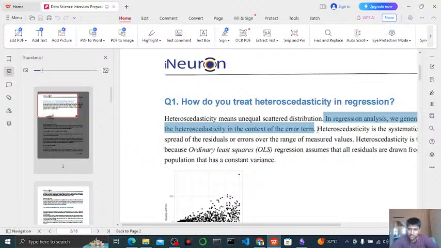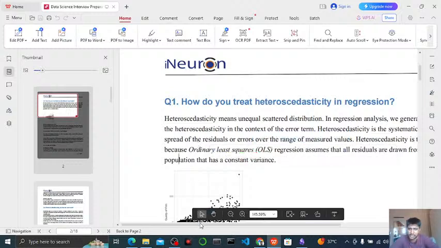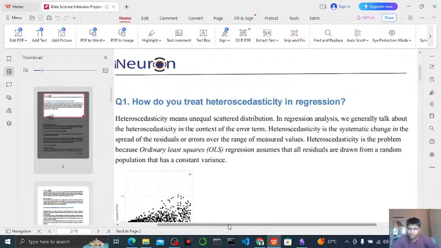Heteroscedasticity is a systematic spread of residuals or errors over the range of measured values. Heteroscedasticity is a problem.